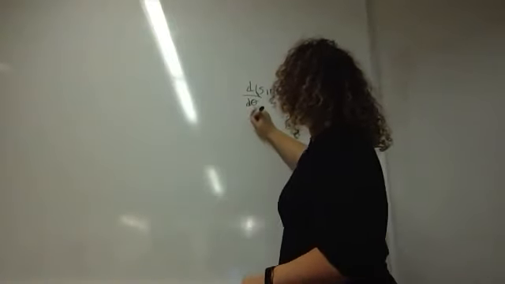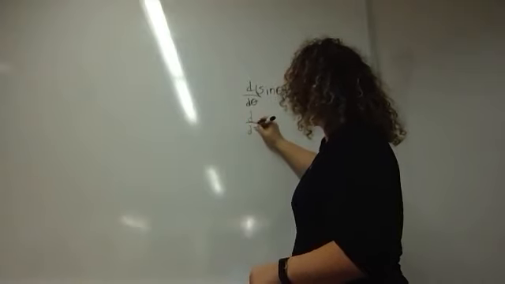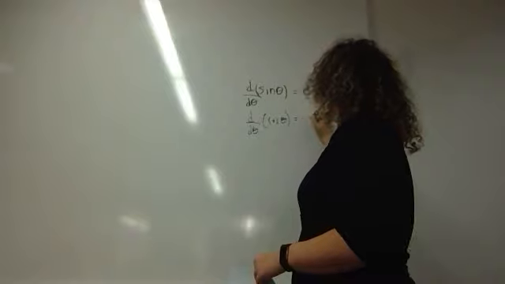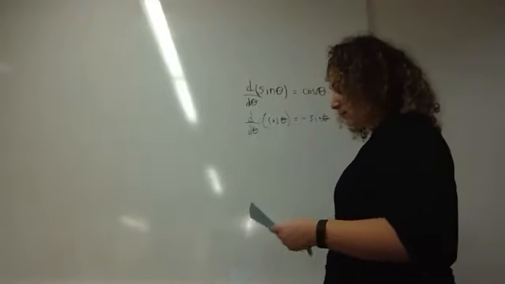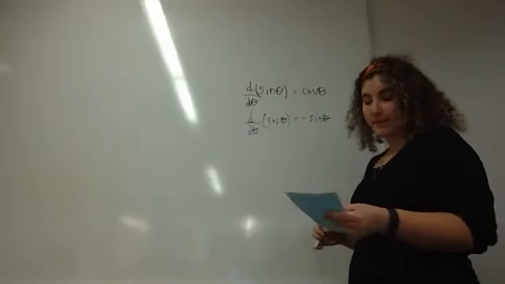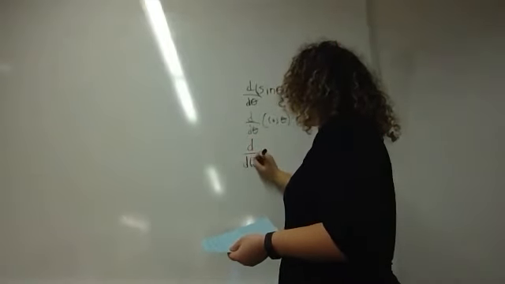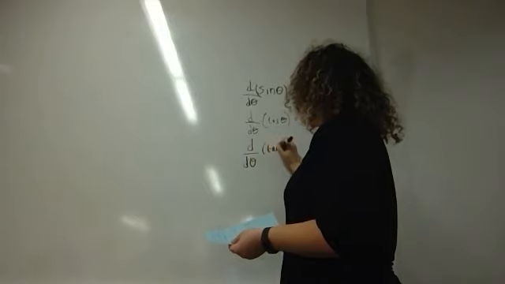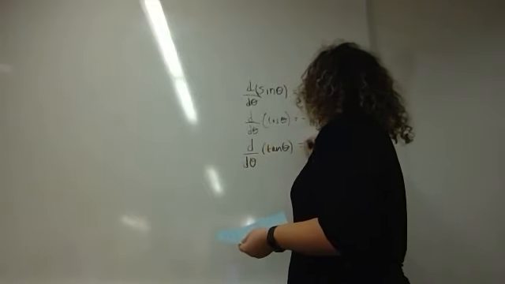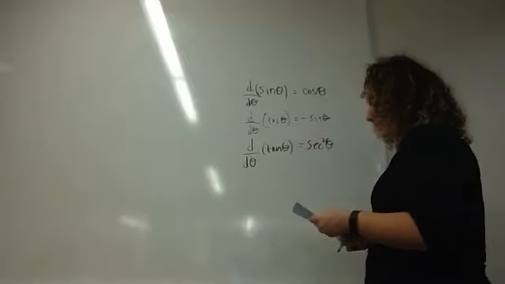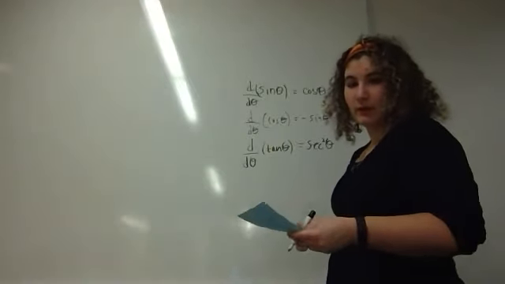Right, but if you do cosine, it's going to give you a negative sine. If you do tangent, it's going to equal secant squared, and so on and so forth.